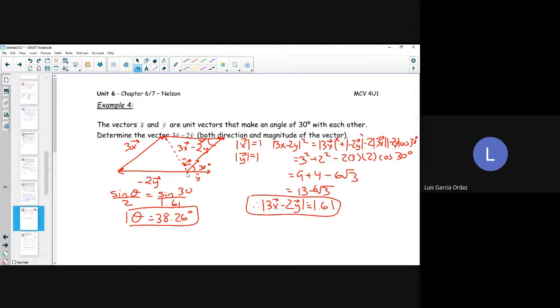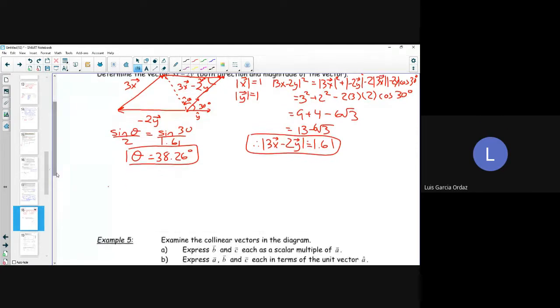So now I can find my therefore statement. Therefore, the magnitude of 3x minus 2y equals approximately 1.61 units, 38.26 degrees relative to my vector x.